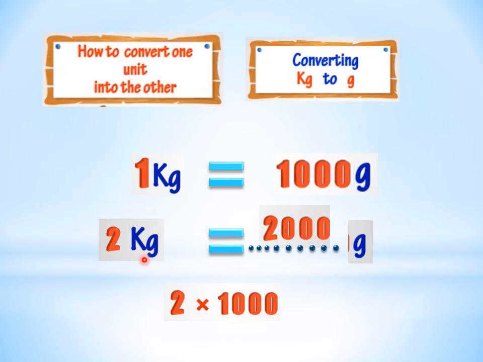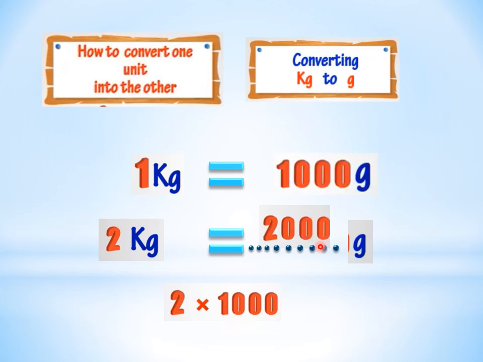Because I have here 2 kilograms, so I will multiply 2 by 1,000. It will give me 2,000. How did we do that? I will put the 2 as it is, and from this number I will count the zeros. 1, 2, 3. So I will put here 3 zeros.